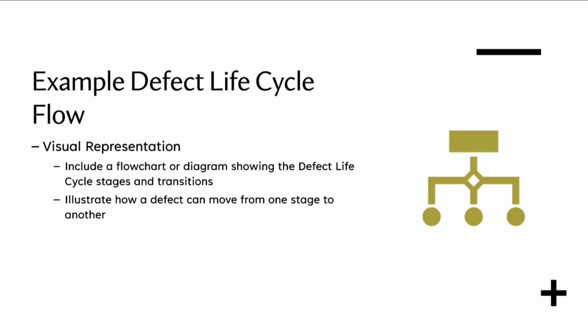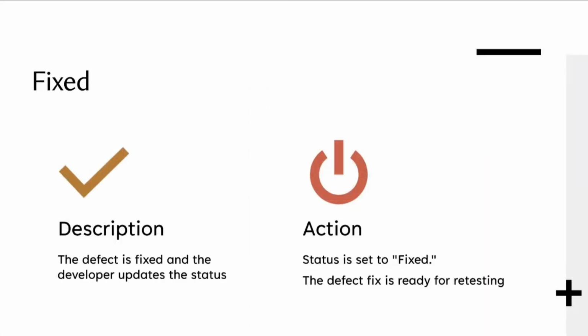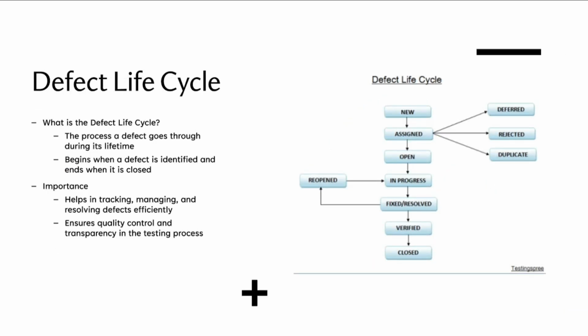Then we have an example of the defect life cycle, a visual flow chart. Let me show this chart again. So guys, this is the chart where it started from new, then changed to assigned, then open, then in process, then fixed. If it is fixed or resolved, then it should be verified and closed.